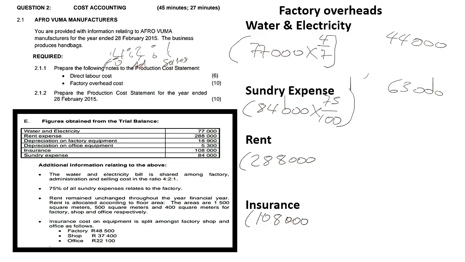The areas are 1,500 square meters, 500 square meters and 400 square meters for the 3 departments. The factory is 1,500 over a total of 2,400. So rent allocated to your factory overheads is going to be 108,000.